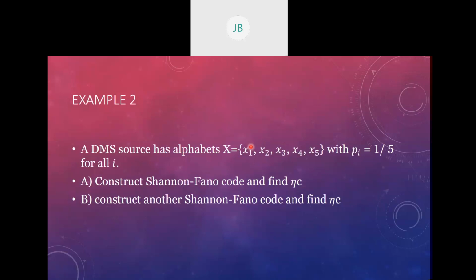Or maybe all 4 in one group and just one element in another group. So there are different ways of division possible. Based on that, of course, we need to consider the probability values.